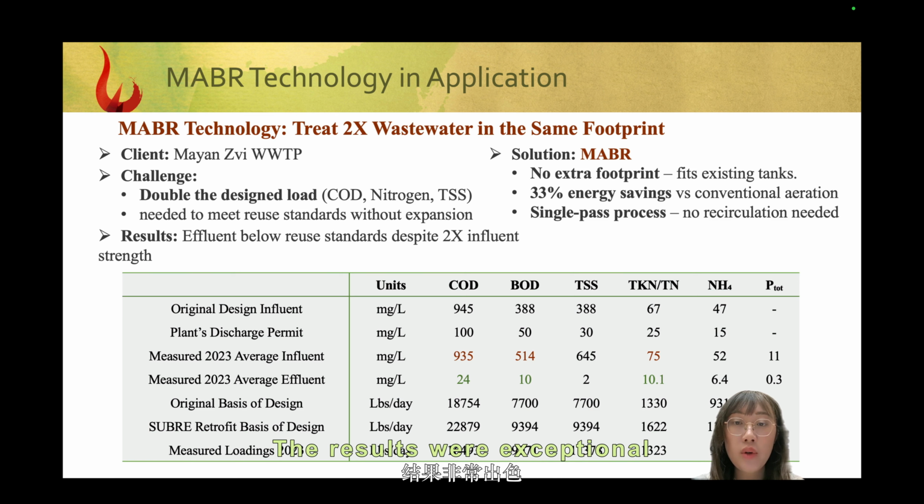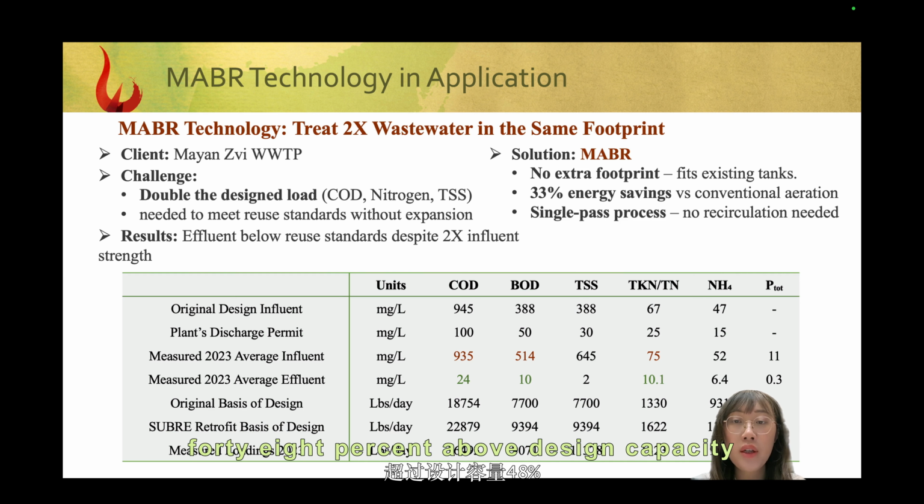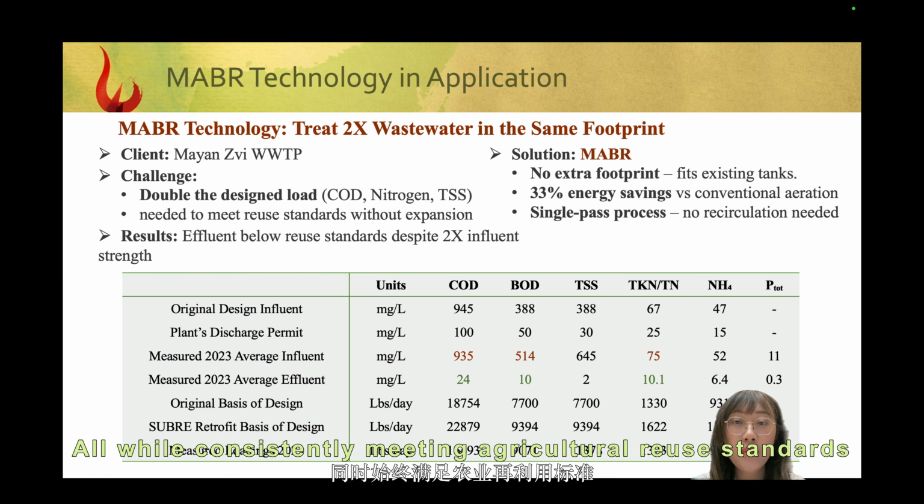The results were exceptional. TSS reduced to 2 mg per liter, COD lowered to 24 mg per liter, and daily TSS loading reached 11,378 pounds, 48% above design capacity, all while consistently meeting agricultural reuse standards.